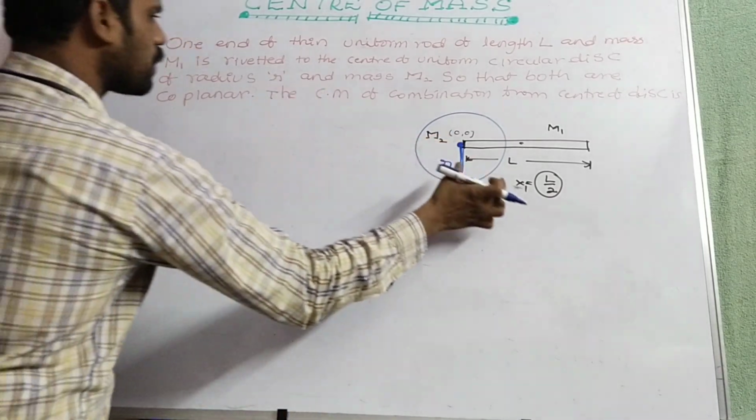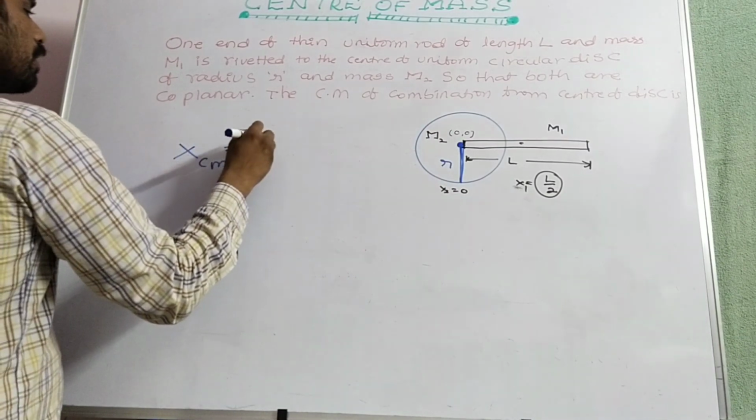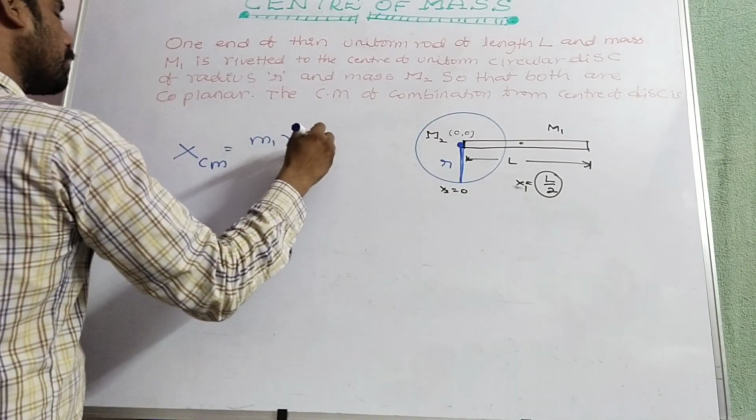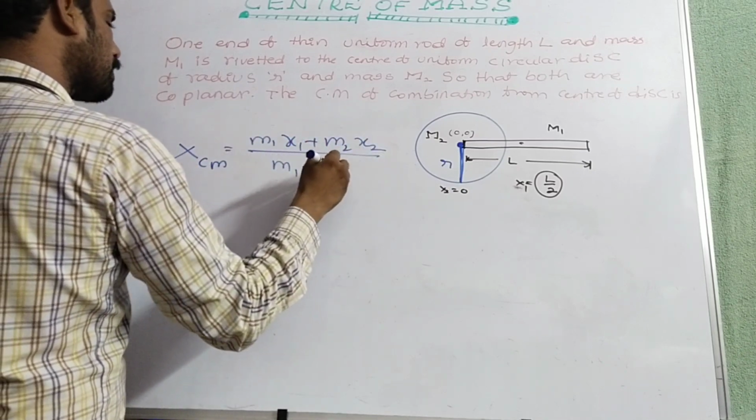So for these two distances, x_cm equals (m1x1 plus m2x2) by (m1 plus m2).